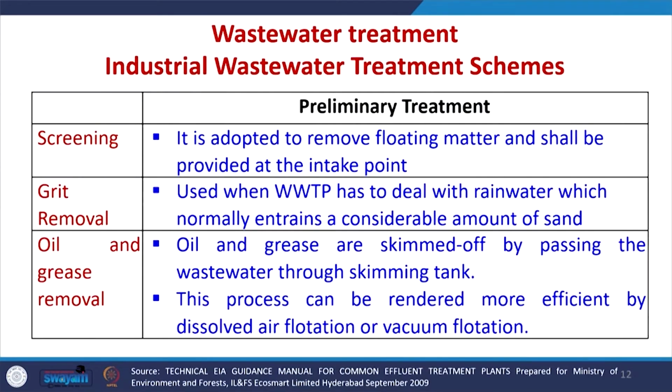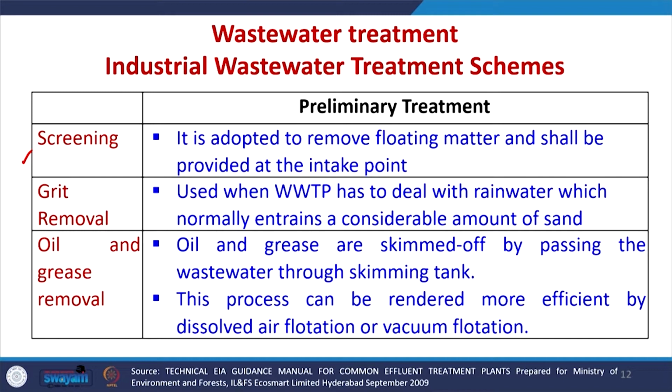Now, we are going to discuss what the wastewater treatment strategies are and how the industrial wastewater treatment schemes work, what their different units are with respect to preliminary treatment, primary treatment, secondary treatment, tertiary treatment, etc. Now, in the preliminary treatment, screening is one of the first steps.